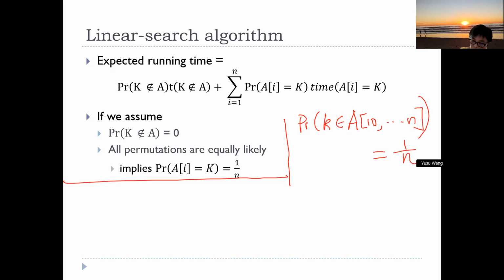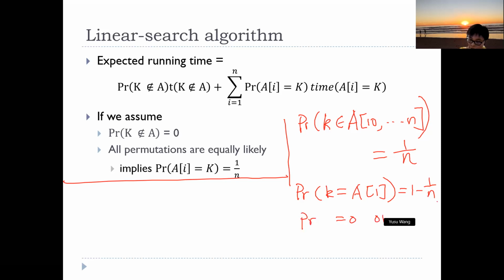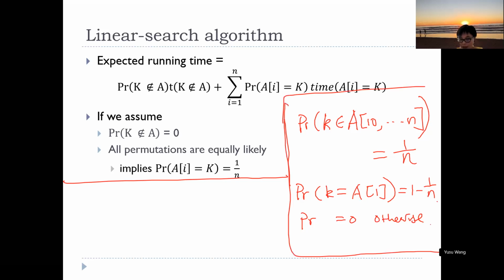While for the remainder case, let's say the probability is equal to 1 minus 1 over n, and for all other cases, the probability is 0. In other words, most of the time, almost all the time, the key you're looking for is the first element. This is not realistic, but let's just assume this is the input distribution.